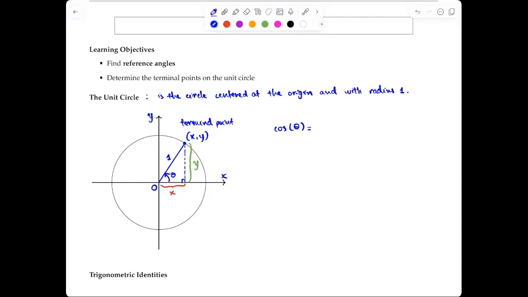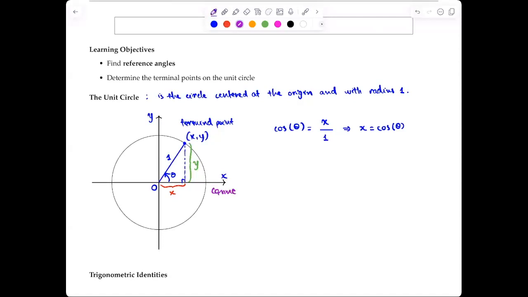The adjacent of theta is x, and the hypotenuse is 1 because the radius is 1. So obviously, x is equal to cosine of theta. I want to do this calculation to say that this axis is the horizontal axis or the x-axis, but in terms of trigonometry, this axis is called the cosine axis.